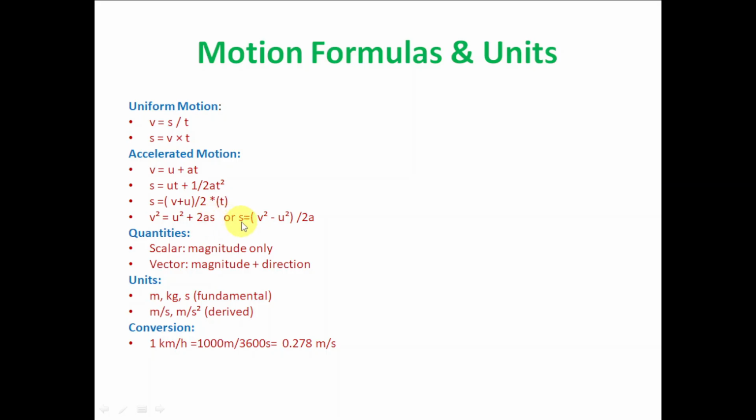This can be written, by crisscrossing, as distance is equal to final velocity squared minus initial velocity squared divided by 2 times acceleration. You might not need to remember both, but if you have one of these formulas, you can move terms and find the other. These two formulas are the same.